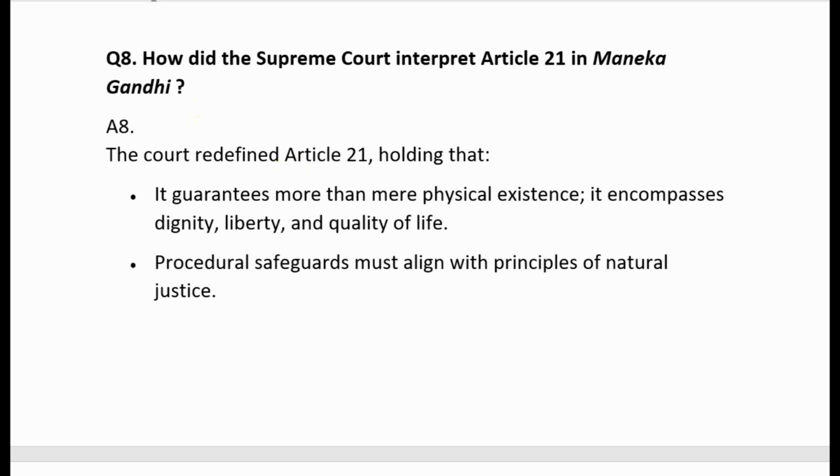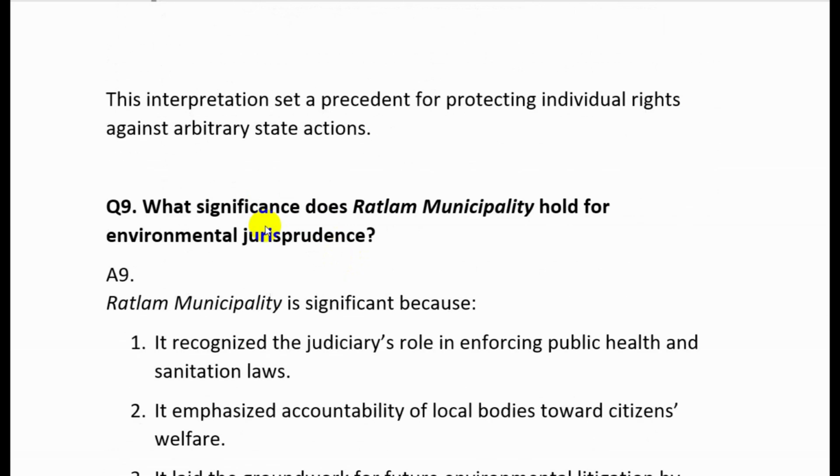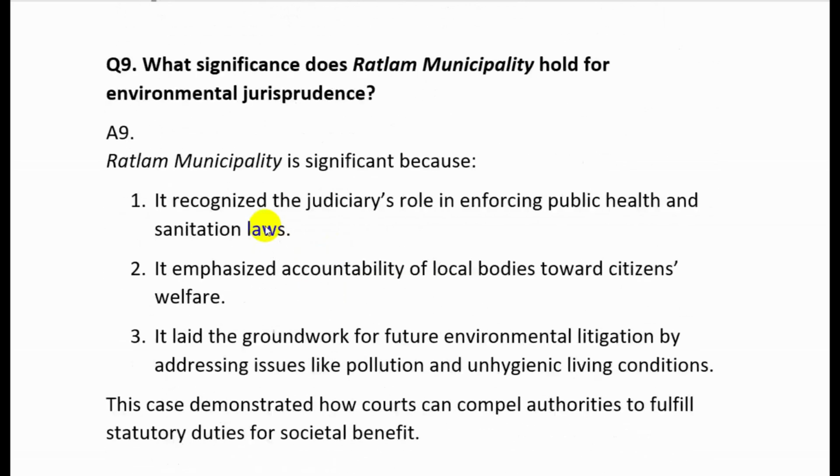So, this is the interpretation of Article 21 by the Supreme Court, which expanded the definition of Article 21. This interpretation set a precedent for protecting individual rights against arbitrary state actions.